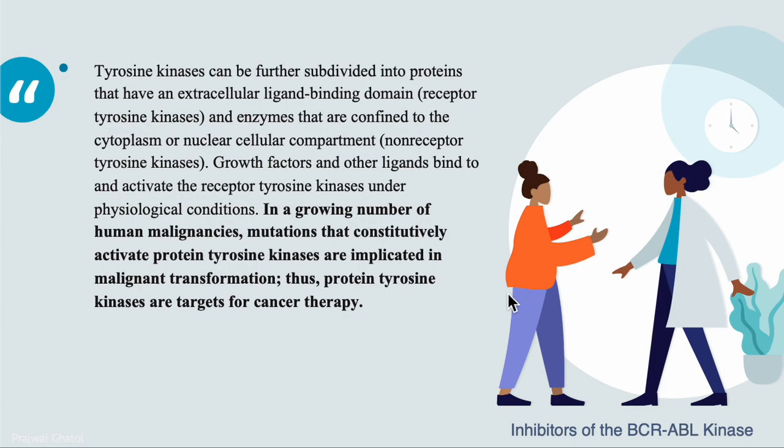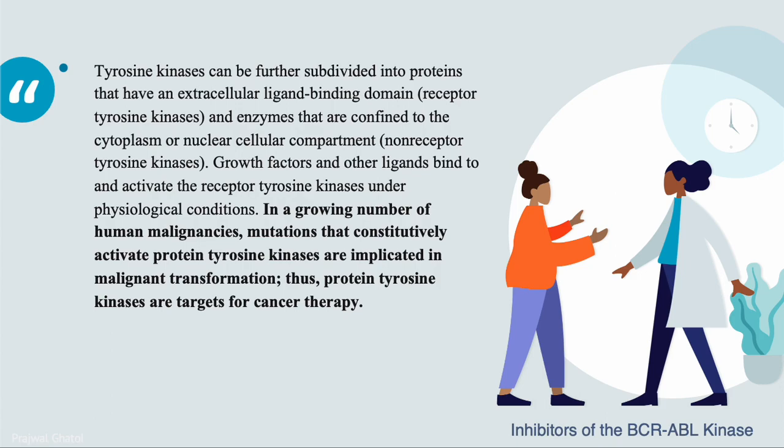Tyrosine kinases can be subdivided into receptor tyrosine kinases and non-receptor tyrosine kinases. So the question that arises here is why we need to inhibit tyrosine kinase for treating cancer. In a growing number of human malignancies, mutations that constitutively activate protein tyrosine kinases are implicated in malignant transformation.